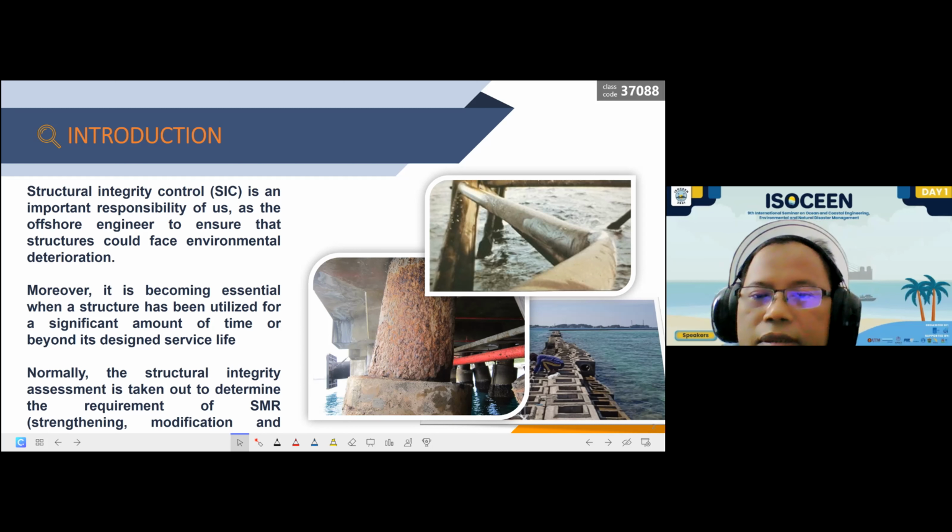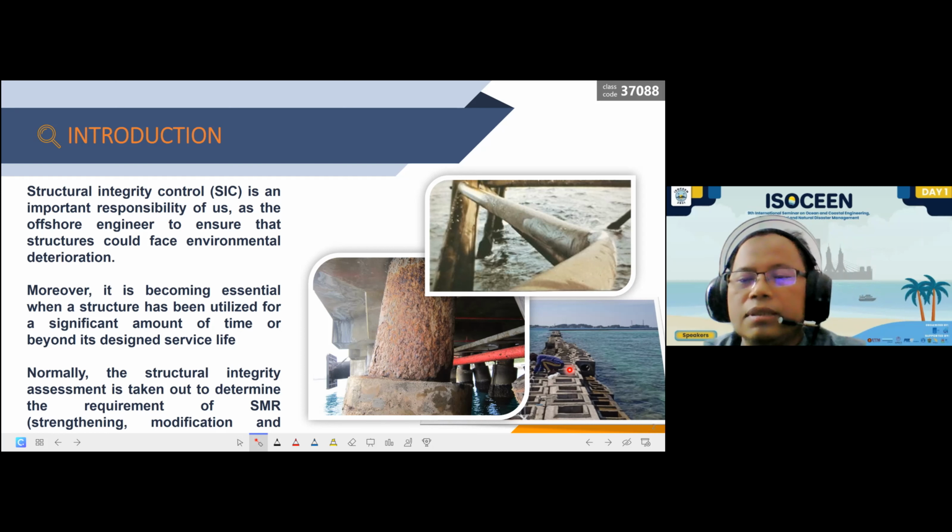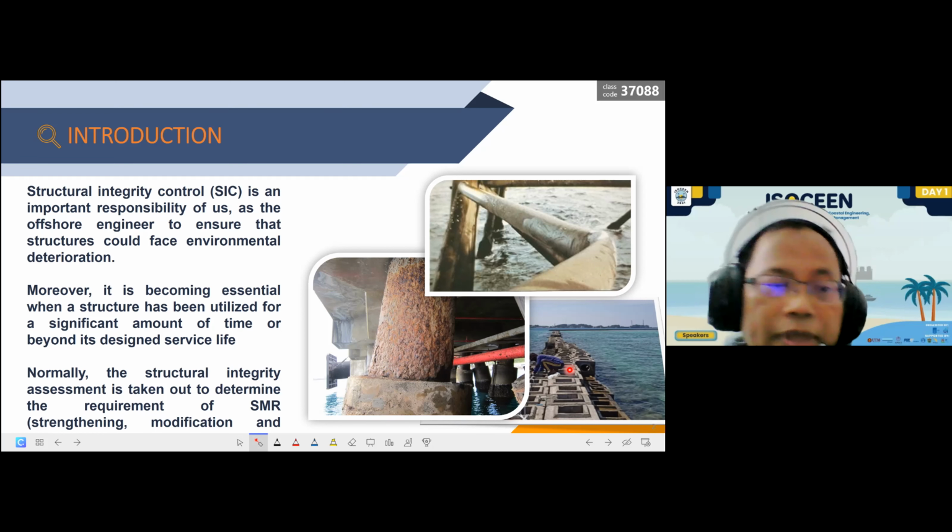One is the collision between a ship and a platform, the second picture is about the corroded steel pile of a jetty, and the third picture is about a damaged fixed breakwater.